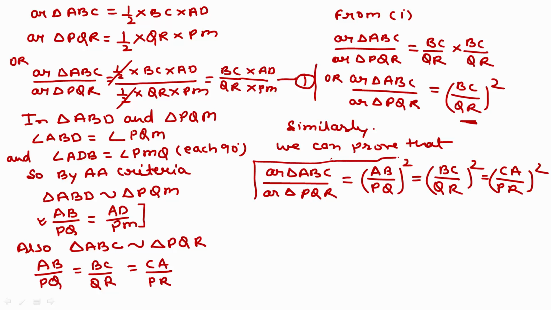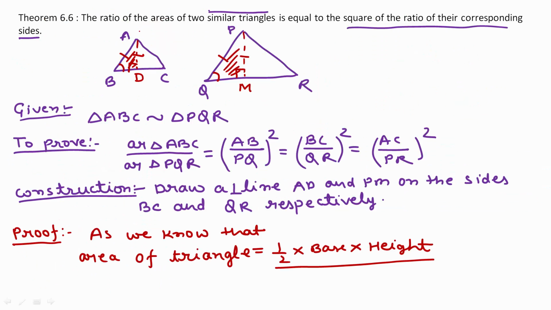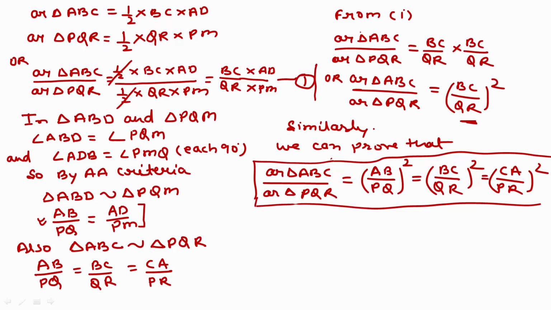So the conclusion is the ratio of areas of two similar triangles is equal to the square of the ratio of their corresponding sides.